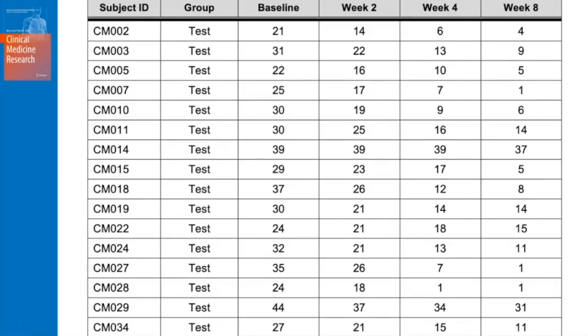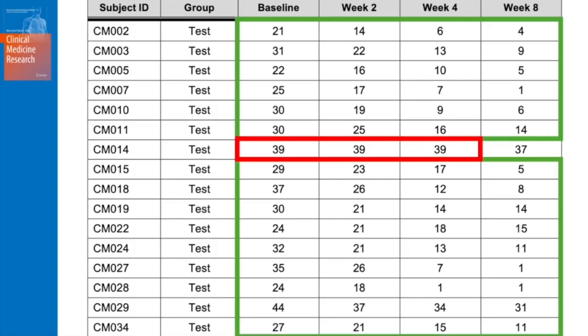But as we saw before in the table, it's much more interesting to inspect the data coming from the placebo arm. And this one was repeated, but it's just one among all the patients in this group.